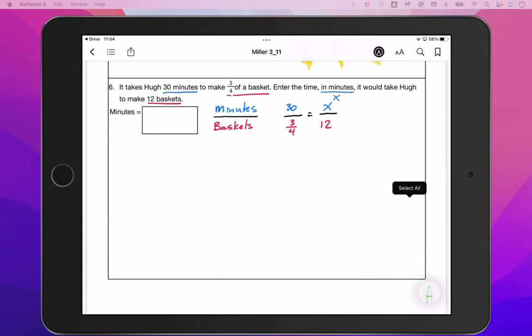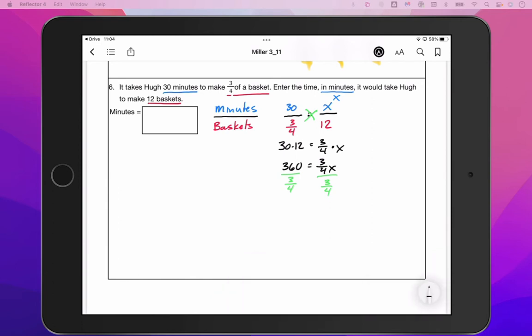Just like we've done with other things, we're going to do the cross multiply and divide situation here. So we'll have 30 times 12 is equal to 3/4 times x. And so we're going to get 360 equals 3/4 x. The last piece is going to be to divide both sides by 3/4.